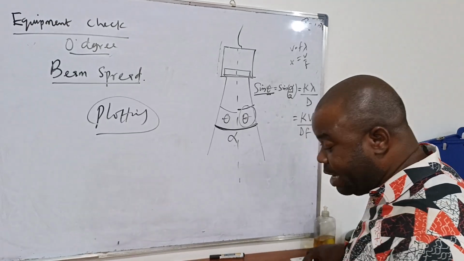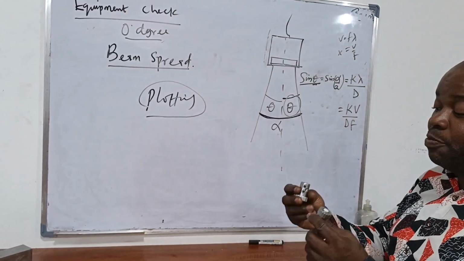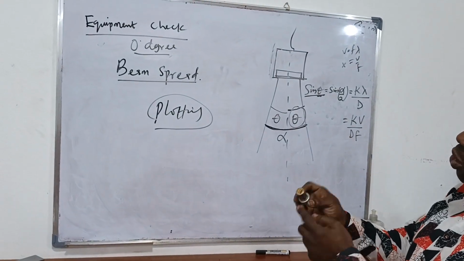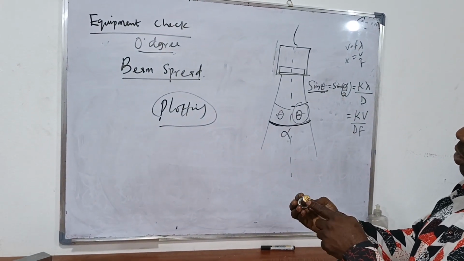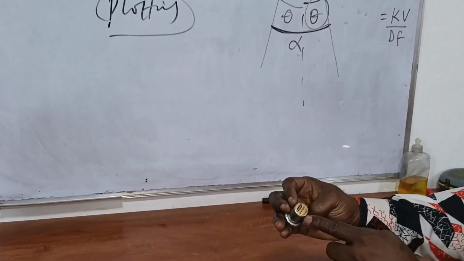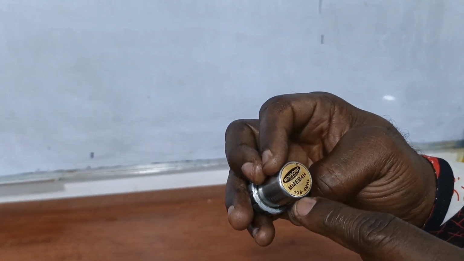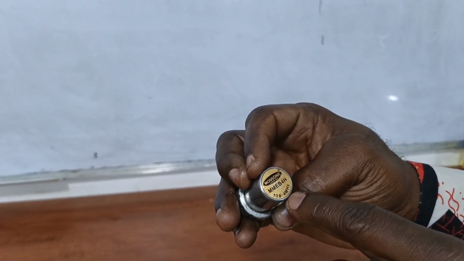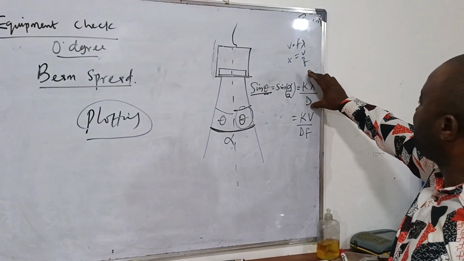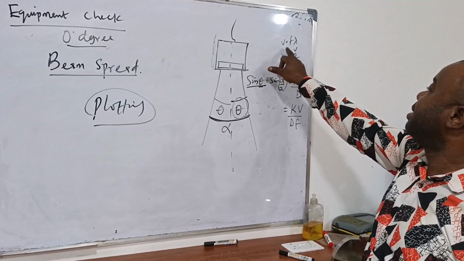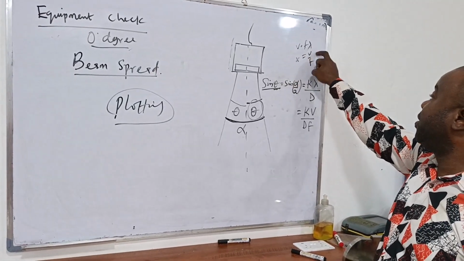So for every 0-degree probe, you can calculate the beam spread very easily. Just look at the probe. In the body of every probe, it is clearly written: 10 mm diameter, 4 megahertz. So instead of using this first formula, because we cannot easily get the wavelength, we know that to calculate wavelength is velocity over frequency.